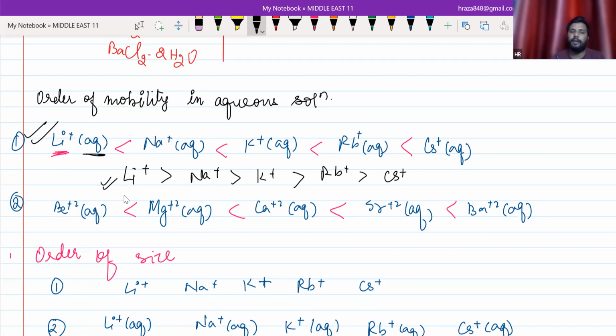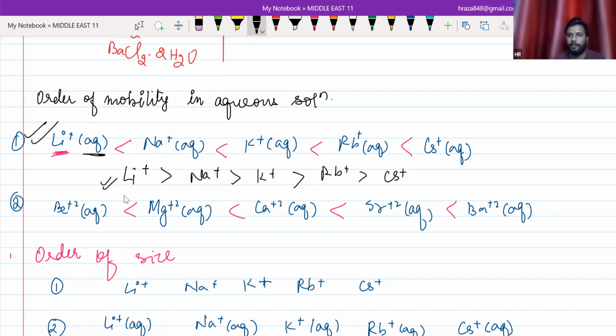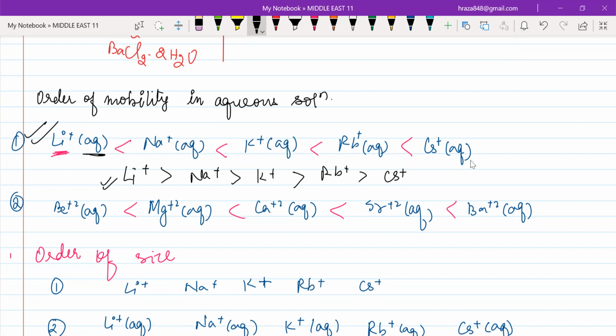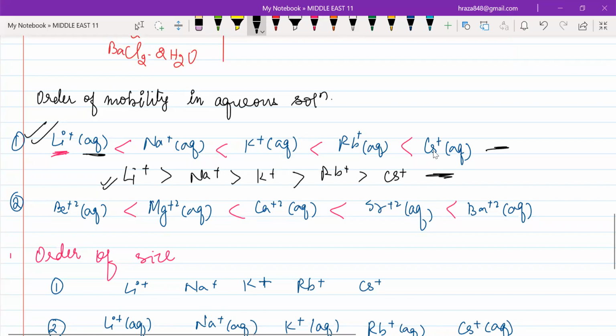So it will move with more velocity, so it will have higher ionic mobility. So always keep this in mind: if aqueous, it will be the reverse of without aqueous. Got it? If you have any doubt, you can ask me.